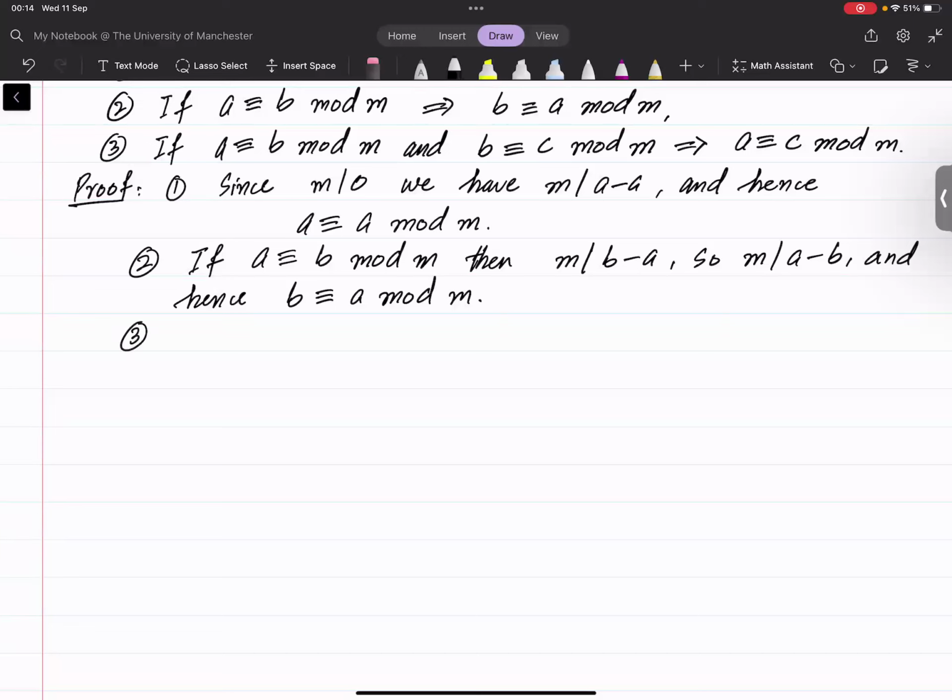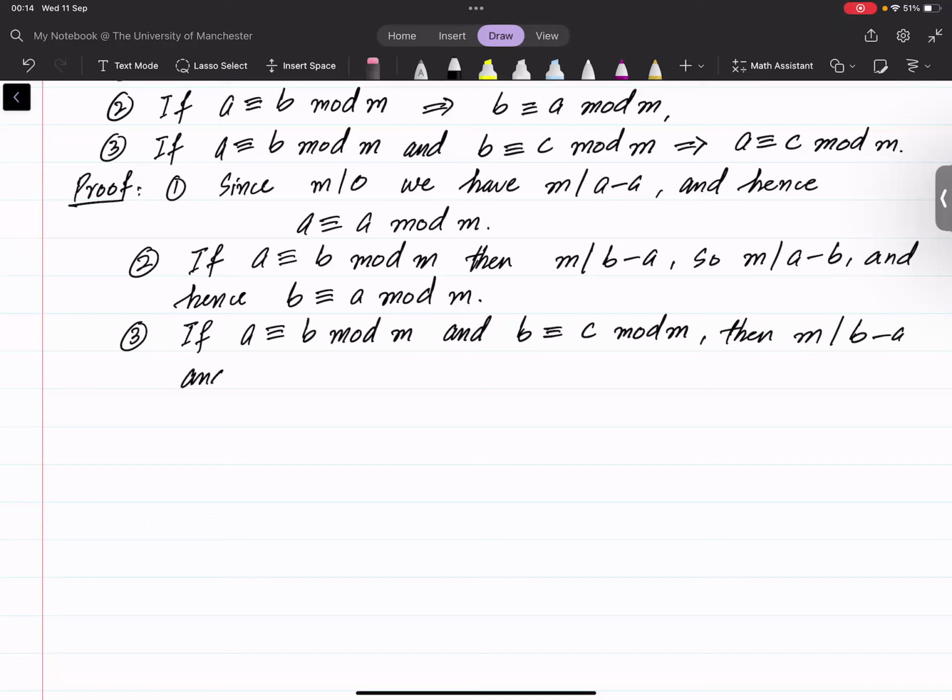Number 3, if a is congruent to b mod m and b is congruent to c mod m, then m divides b minus a and m divides c minus b.